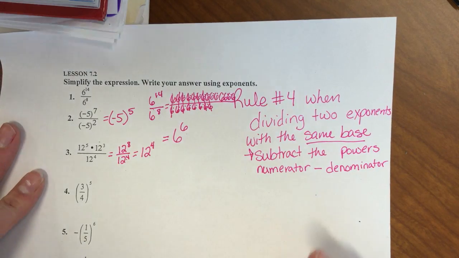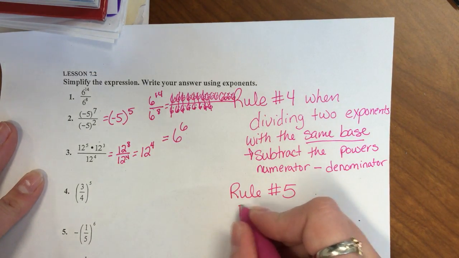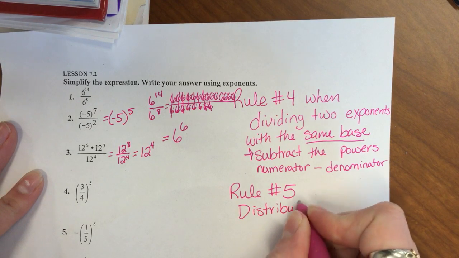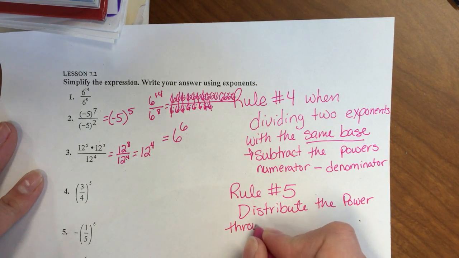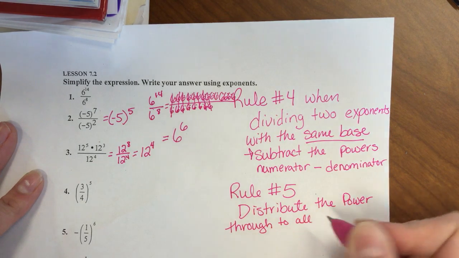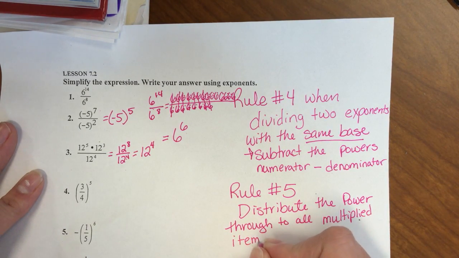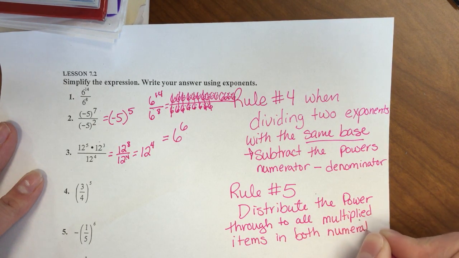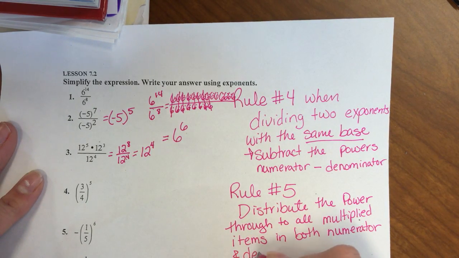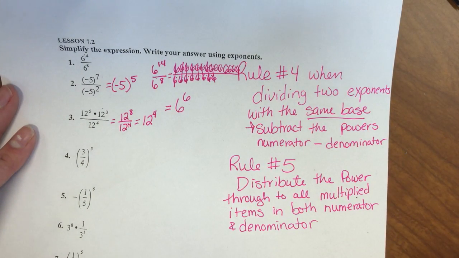Okay, that brings us to rule 5. Distribute the power through to all items multiplied in both the numerator and the denominator.